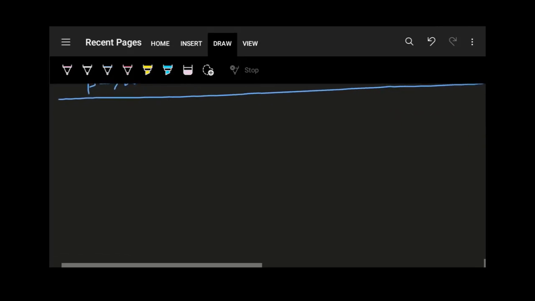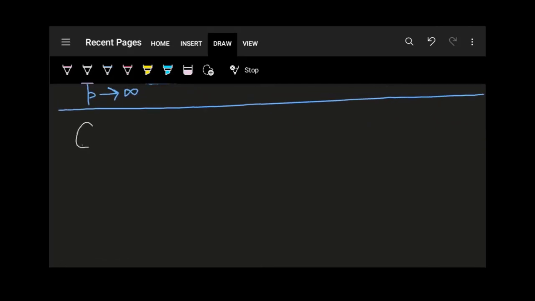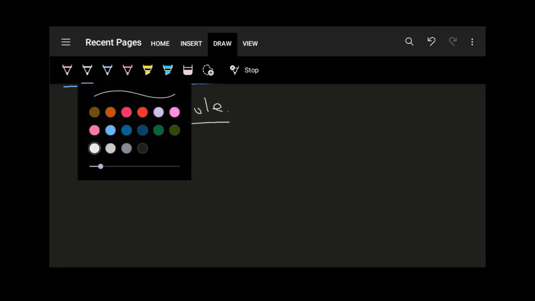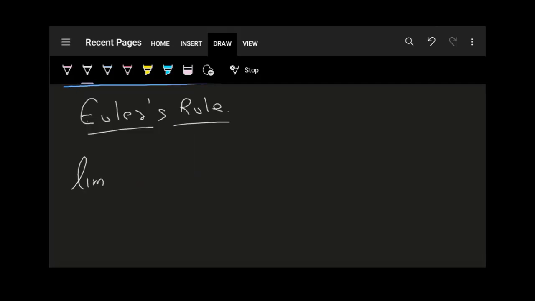So Euler's rule says that limit n tends to infinity of this function 1 plus x upon n to the power n is equal to e to the power x.